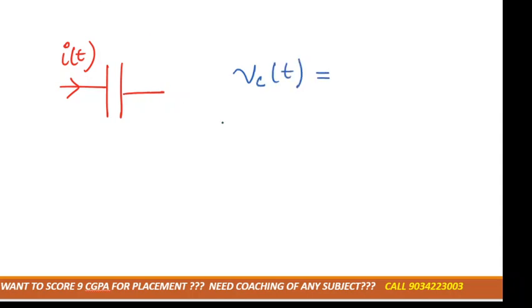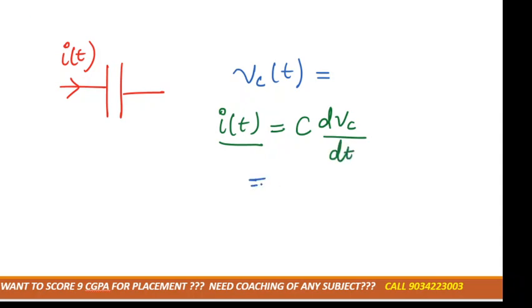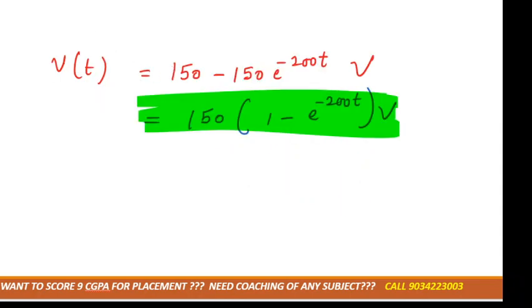So how did we get I of t? I told you the formula now. Tell me what is the formula for the current across a capacitor? Remember? C dV by dt. So C we have 0.1 microfarad times d by dt of Vc of t, or we can say V of t, whatever the value it is.